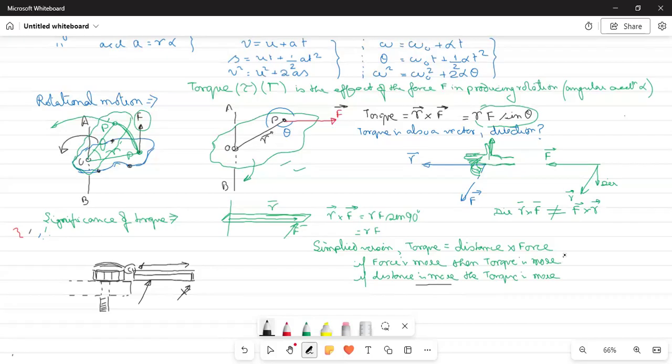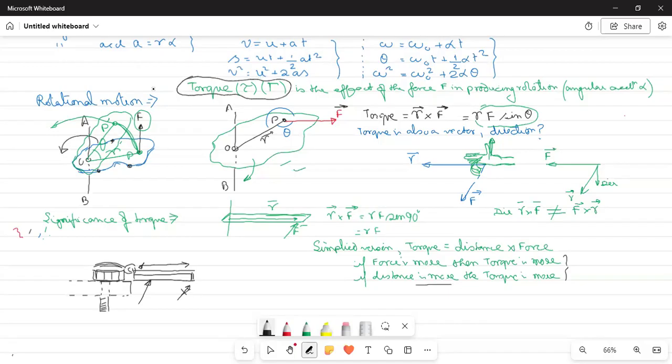So this equation tallies with our real life experience. So we have learned what is torque.